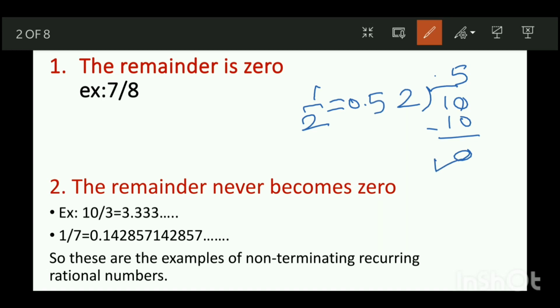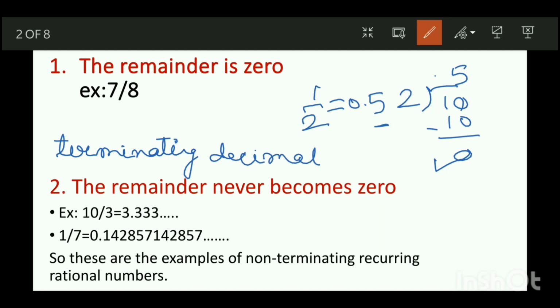These kinds of numbers, in which the digits after the decimal terminate, meaning the digits end, are called terminating decimal expansion.